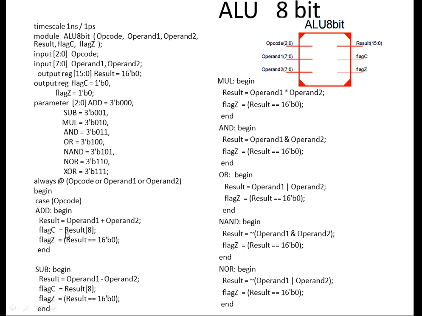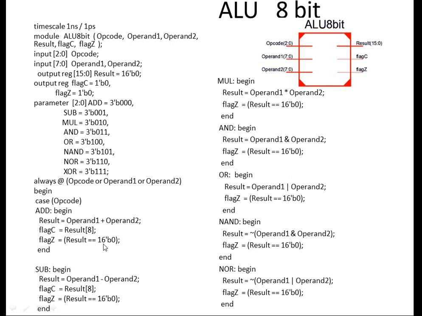So what is the meaning of the carry flag? That means if the 8th bit of the result is 1, then the flag should be equal to 1, so this will become 1.